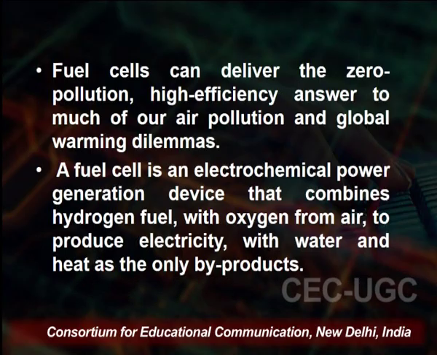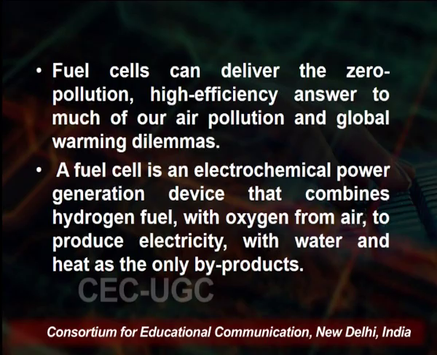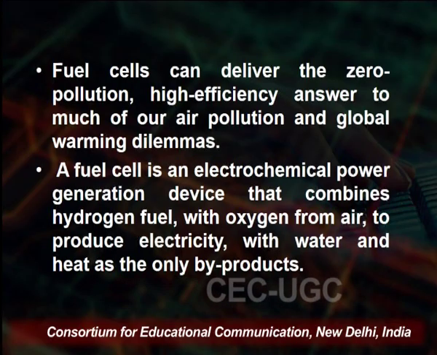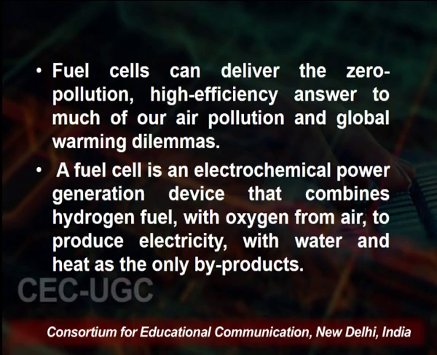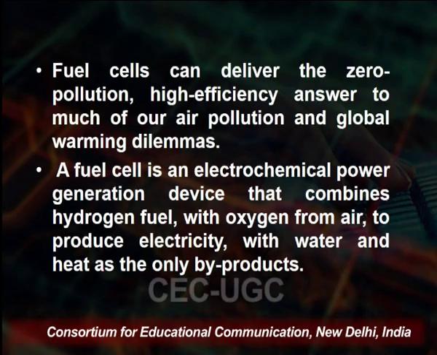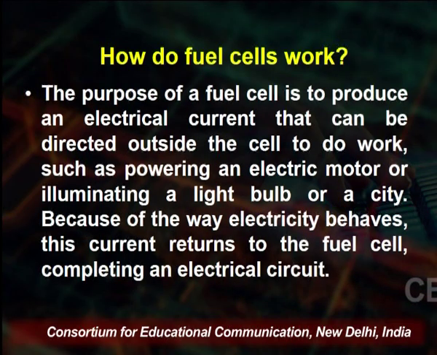So, a fuel cell is an electrochemical power generator device that combines the hydrogen fuel with oxygen from air to produce electricity with water and heat as the only byproduct. So, now we discuss how the fuel cell works.